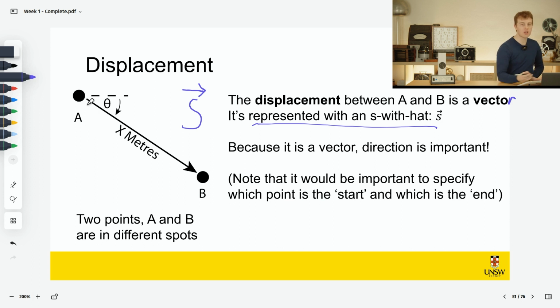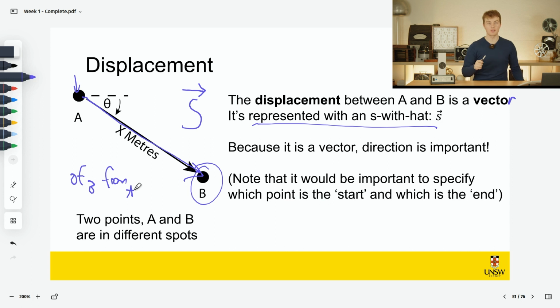And what I think you'll notice initially is that it actually matters which direction you're going. We could say the displacement of B from A is not the same thing as the displacement of A from B. So the displacement of B from A means start at A, how do you get towards B? That's the displacement of B from A. And I'm going to use the "of from" a lot when we do forces and relative velocities and all this other stuff.